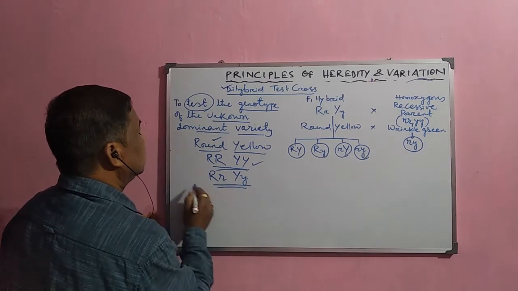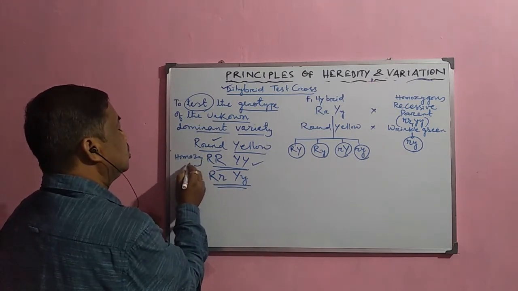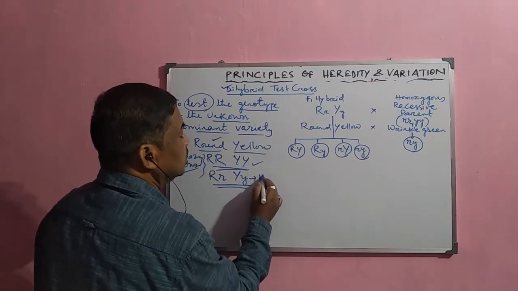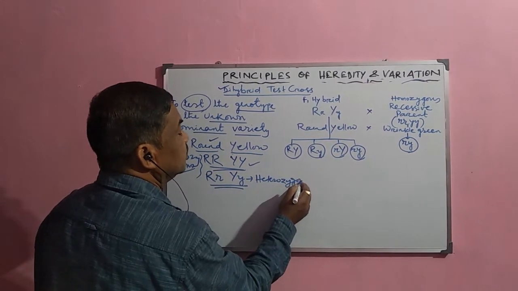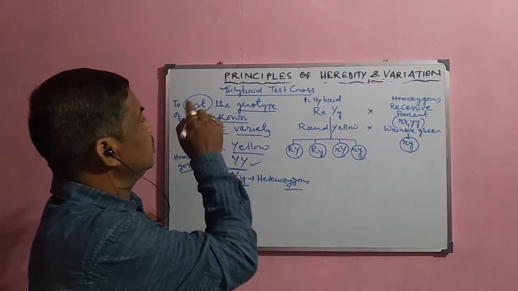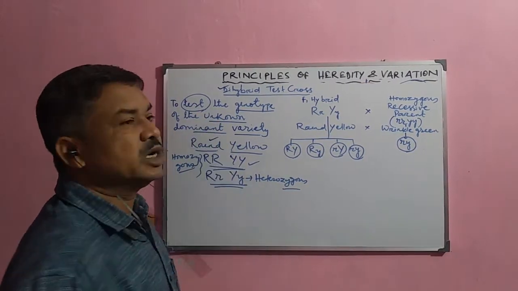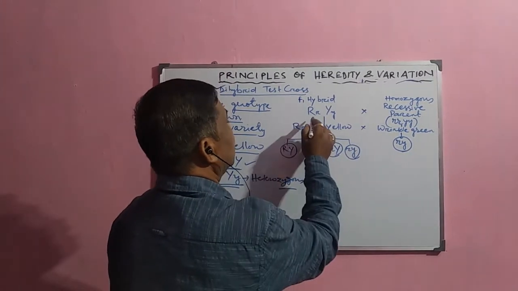That means whether it is homozygous type or heterozygous type. To test this, Mendel conducted this test cross, and that is why it is called a dihybrid test cross. To test this, Mendel took the F1 hybrid, which is capital R, small r, capital Y, small y.